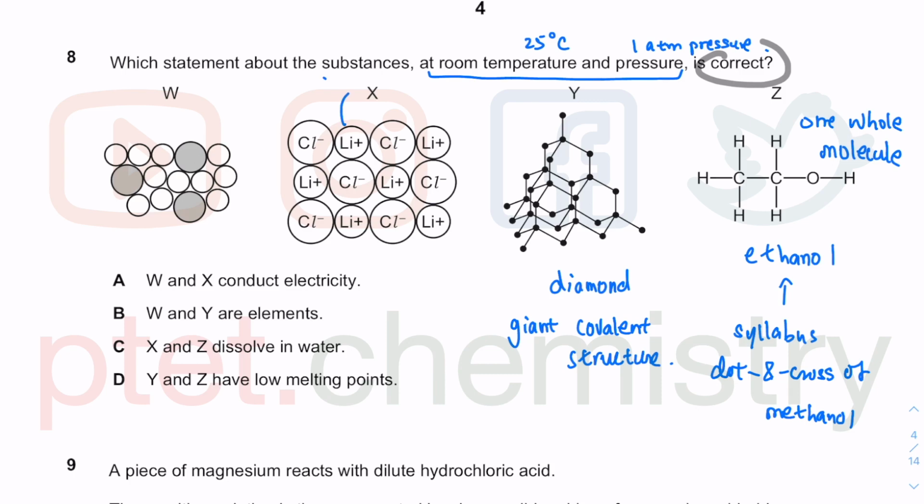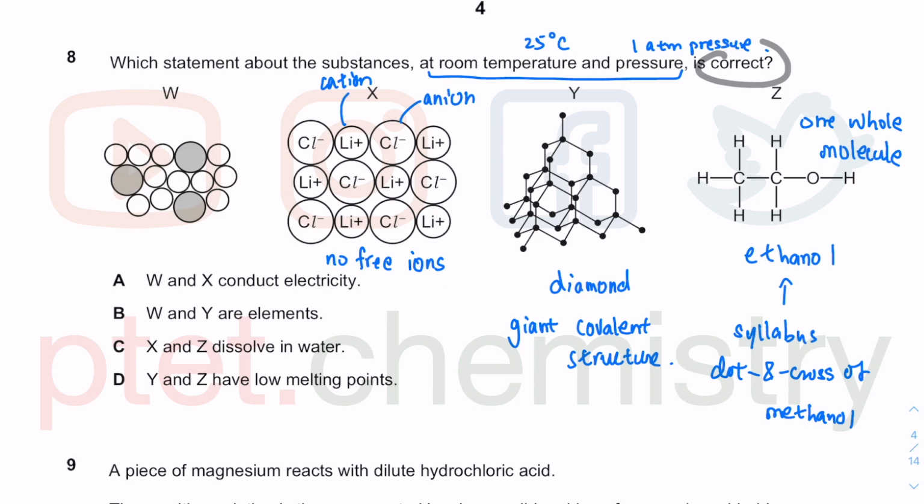These are your cations, whereas these are your anions. All the electrons in the outer shell of lithium have been transferred to the outer shell electrons of the chlorines, the nonmetals. Now that you have no free ions, no free electrons, these ions are held in a fixed position.